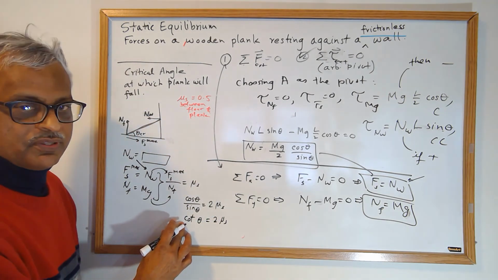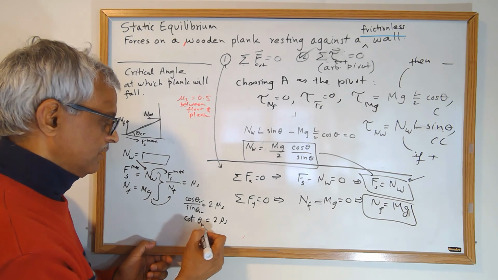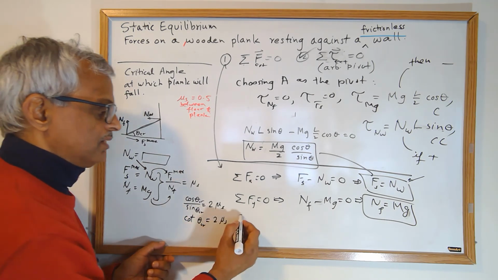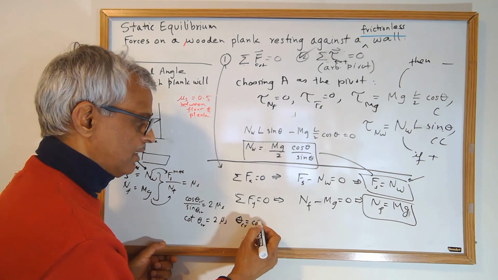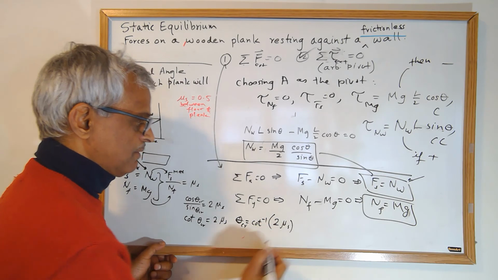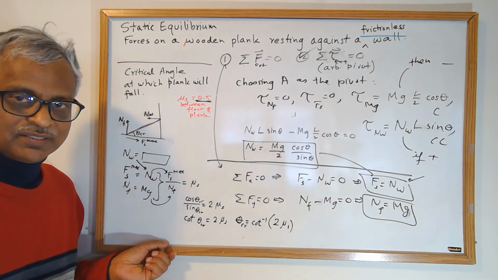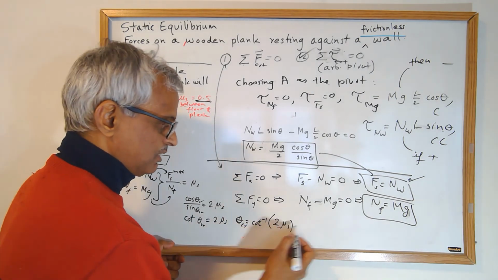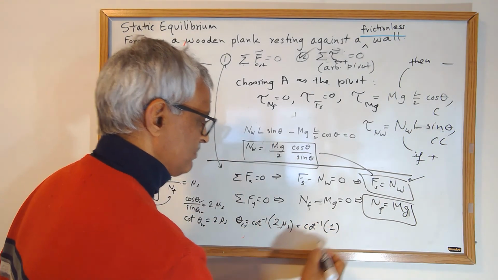So I can solve for theta, and that's the critical theta. So theta critical is arc cotangent of 2 times mu s. Now I picked a nice enough mu s of 0.5, so this becomes 1.